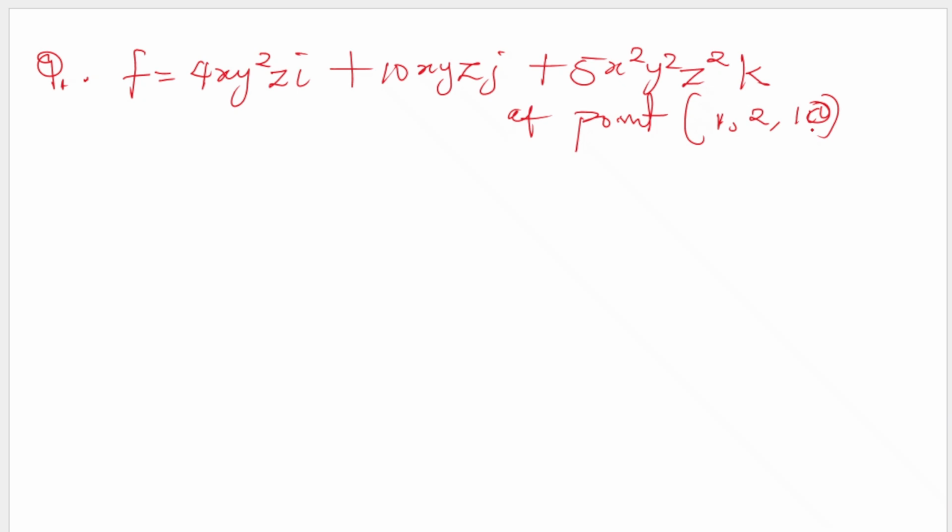What you should first do is take your points to be x, y, z. That's the first thing you do. The next thing is to apply the concept of divergence. What are we asked to find? We are basically asked to find the divergence of your field vector.